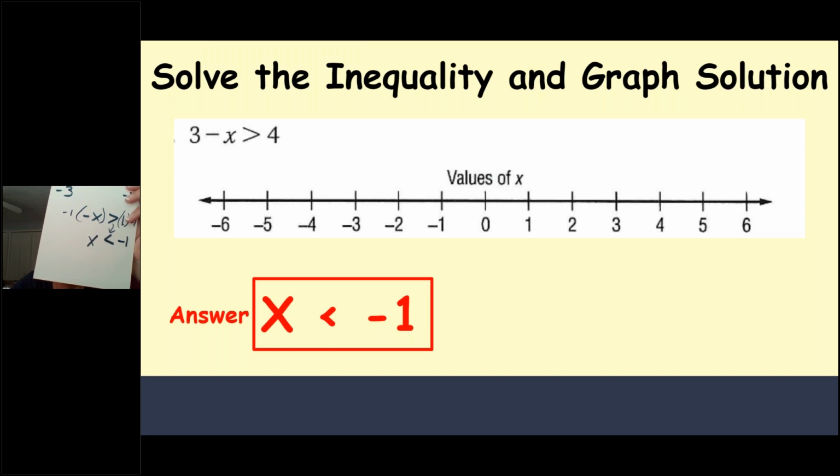No, not really. You said you had to turn the greater than sign to a less than sign. Yes. And Danielle, go ahead and explain to us, when do we have to flip that symbol around? What made me flip that symbol around is because there's a negative sign on the variable.